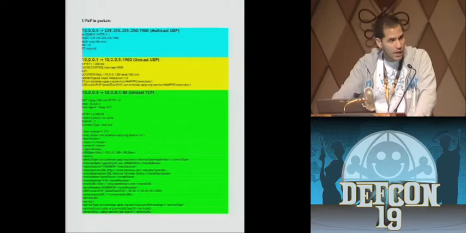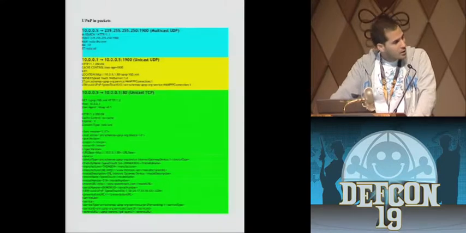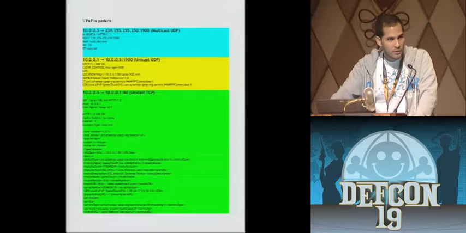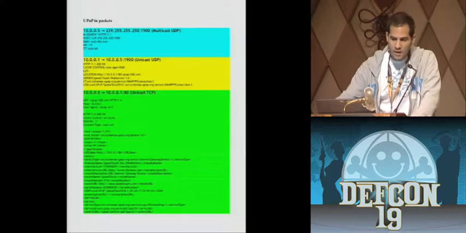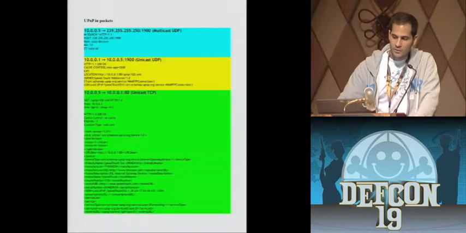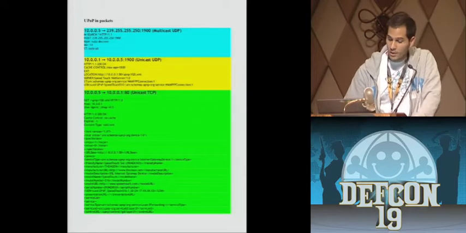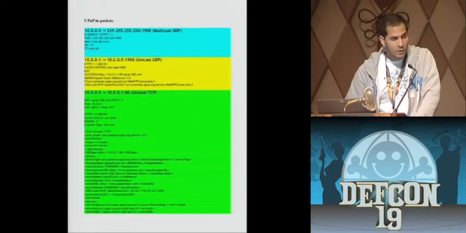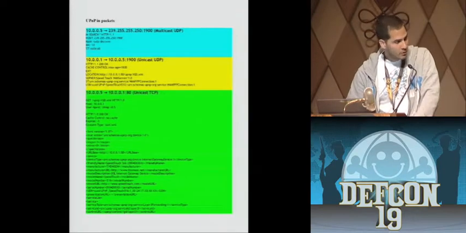It describes or points out a location, which is just an XML file describing the different services and devices available to execute on that UPnP device. After you get that unicast, which is the blue part, the yellow part, you get to the green part, which is unicast TCP.